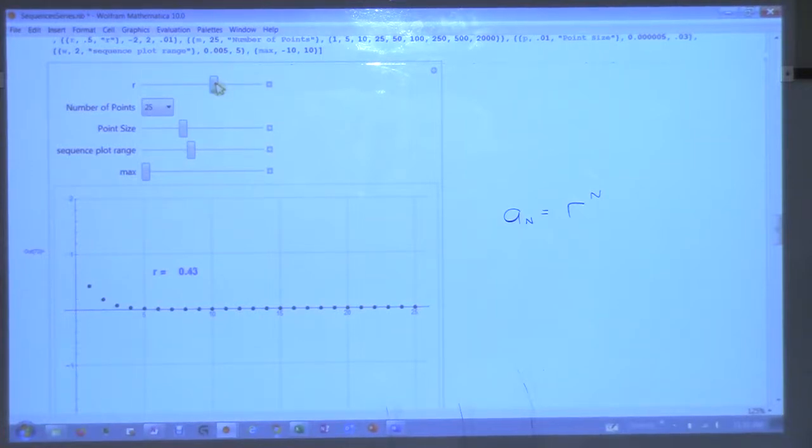So if I make r, let's see, still converging, right? If r is negative, it still converges, right? Let's see, when is it going to start to diverge? See, look, with r being negative, right? When does it start to diverge? When you get to 1, right? Once you get past 1, look at it. See it?